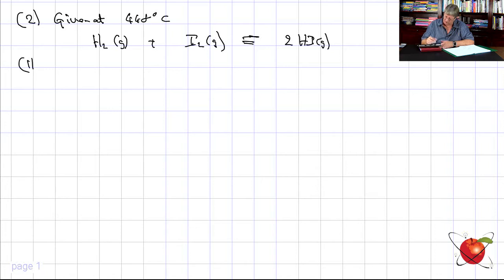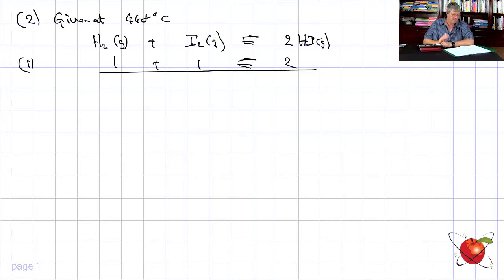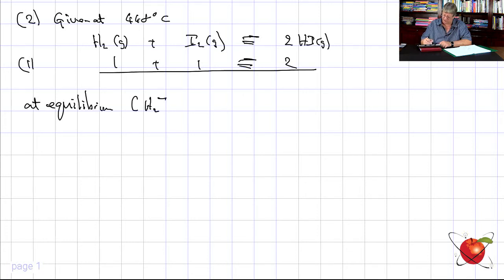Step 1, always write down what you've got. 1 plus 1 goes to 2. That's our mole ratio, isn't it? Then they say at equilibrium, the concentration of H2 is equal to 0.46 moles per cubic decimeter.